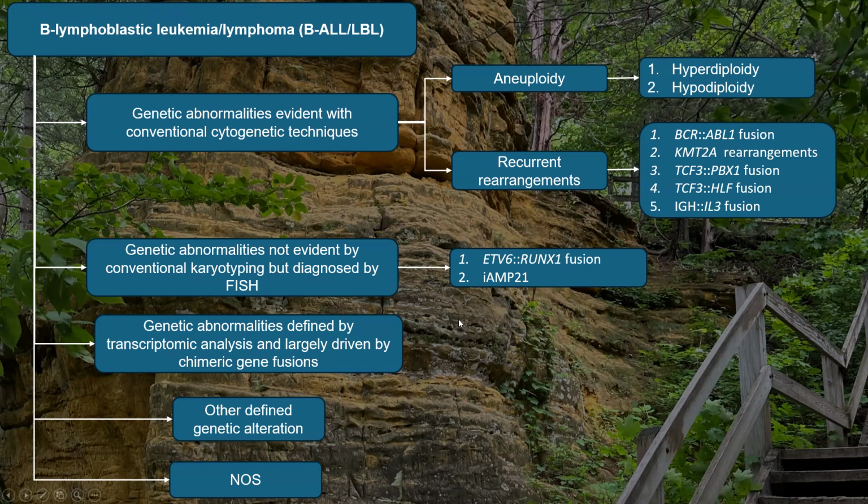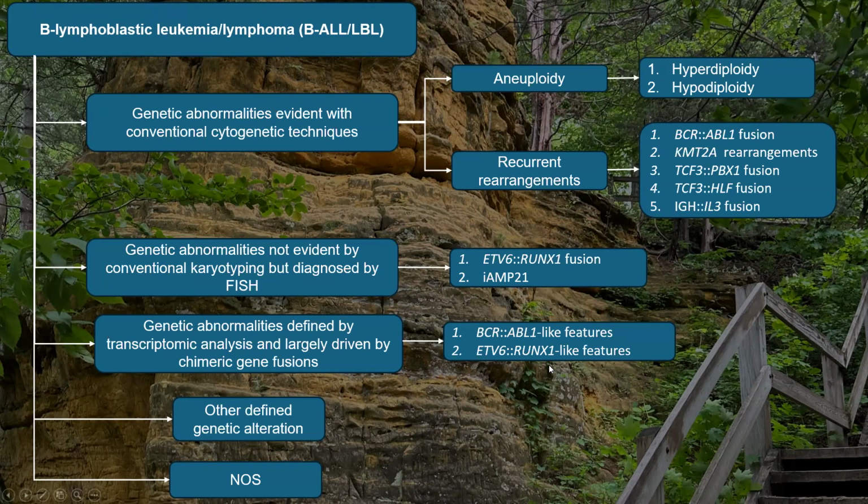As for genetic abnormalities defined by transcriptomic analysis, here we do have two entities. We have B-lymphoblastic leukemia lymphoma with BCR-ABL1-like features, and B-lymphoblastic leukemia lymphoma with ETV6-RUNX1-like features.